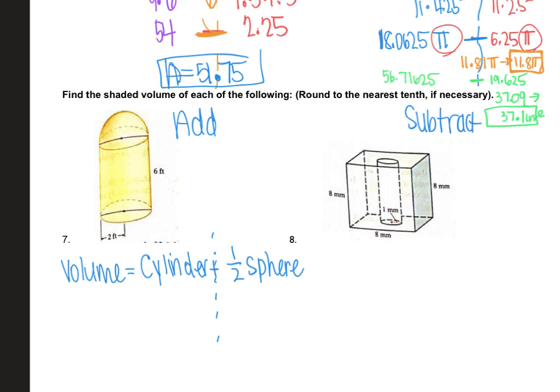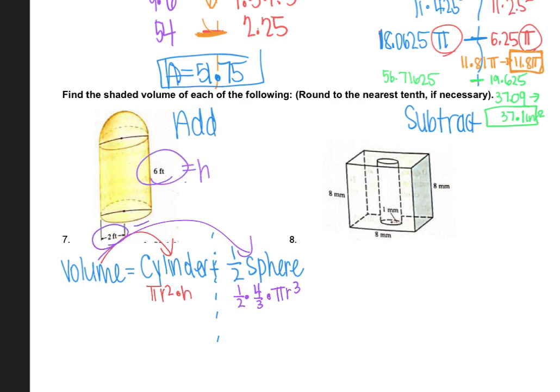So the volume of my cylinder is pi r squared times h. And the volume of half a sphere will be 1/2 times 4/3 times pi r cubed. Now here, my 6 is my height and my 2 is my radius. And I always want to label or mark that in some way.